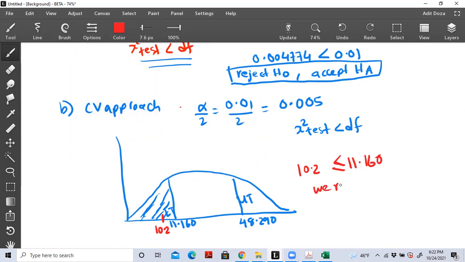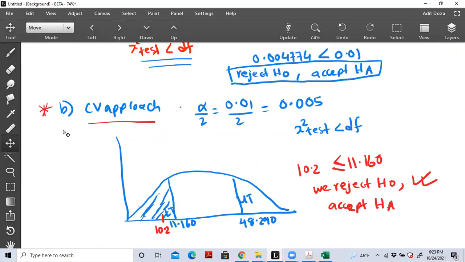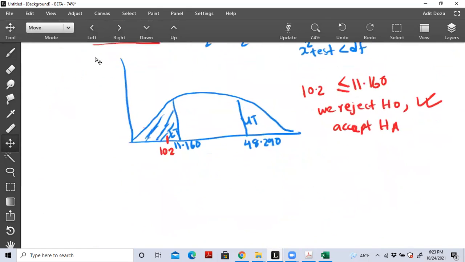So we reject H0, right? If you reject H0, that means you accept HA, the alternative hypothesis. So it doesn't matter if you use the p-value approach or the critical value approach, we will get the same answer, right? And in the exam, I will ask the critical value approach because I cannot give you Excel in the exam. So you can use the critical value approach to answer this question.